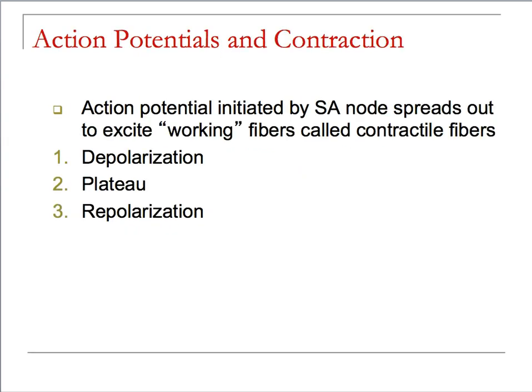How it happens, of course, is we actually have to have a series of depolarizations that become action potentials that will then cause contraction. And what I think you should probably understand for the individual cell level, right, is that you're going to have some depolarization event, a plateau event, and then a repolarization event.